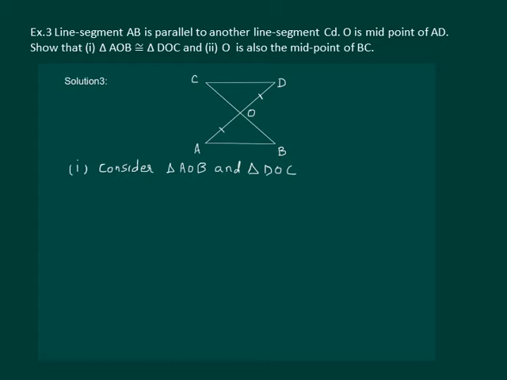So let us consider the two triangles. We know that AB is parallel to CD, so angle ABO will be equal to angle DCO as they are alternate angles.